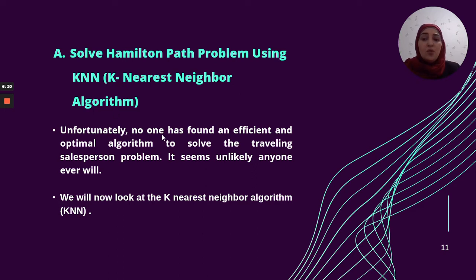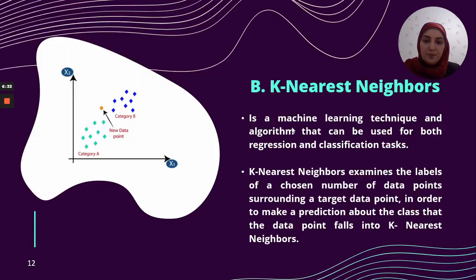Unfortunately, no one has found an efficient and optimal algorithm to solve the traveling salesperson problem. It seems unlikely anyone ever will. Now we will look at the k-nearest neighbor algorithm to know how we can solve this problem.